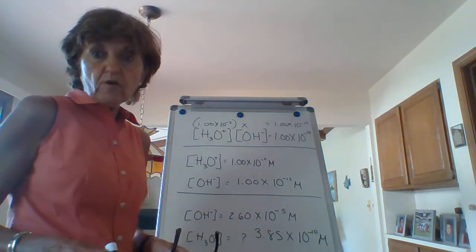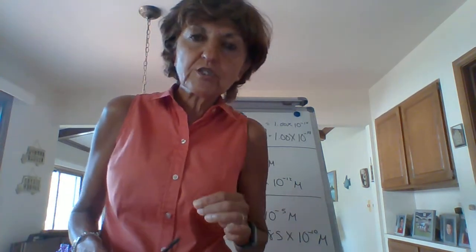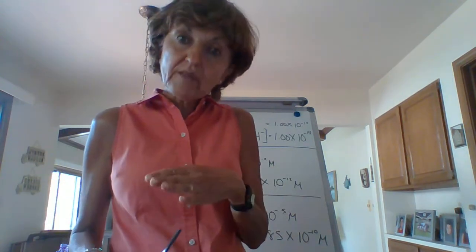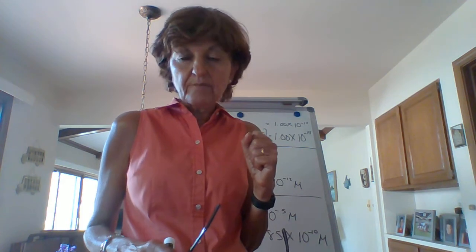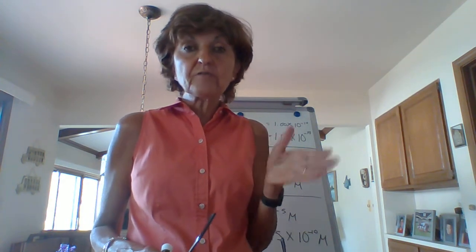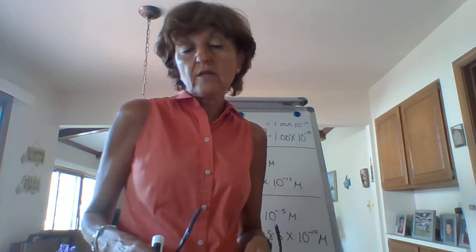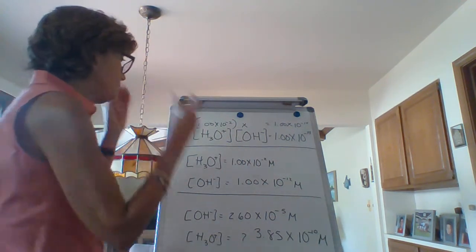What's the purpose of all of this? Okay, here's the deal. If the concentration of the hydronium ion is more than the hydroxide ion, the solution is acidic. If the concentration of the hydroxide ion is more than the hydronium ion, then the solution is basic. So let's take a look here.